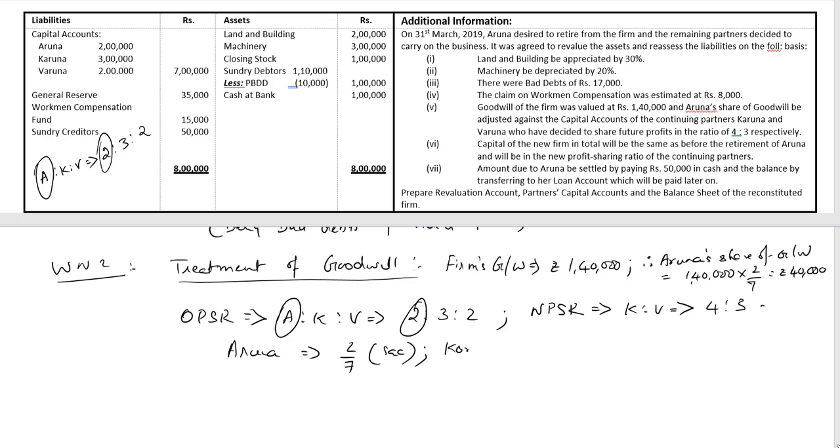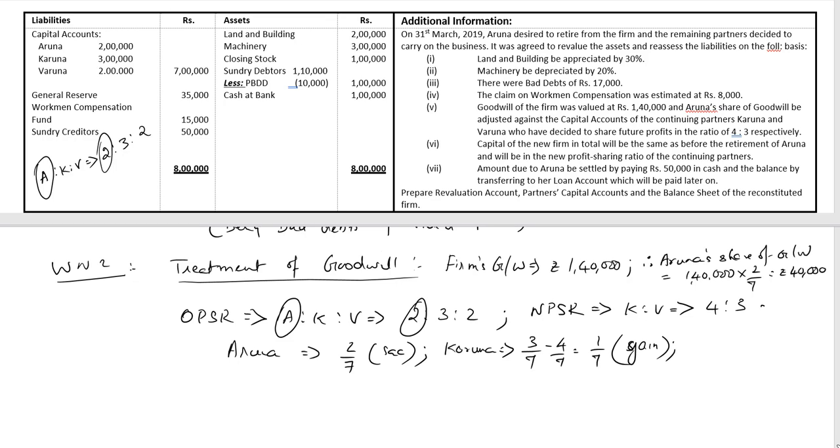Karuna, old share 3 by 7 minus new share 4 by 7, 1 by 7. It's a negative figure, so Karuna gains.